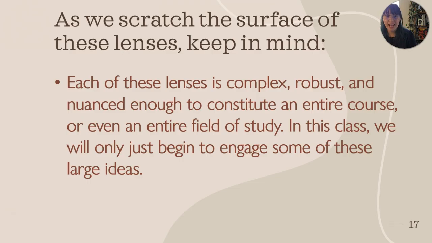So in this class, we are just beginning to engage some of these large ideas. We're just throwing them out on the table, getting to see what's there, and dabbling with them a little bit. We are not reaching mastery. We are in the experimental phase of our undergraduate lower division learning.